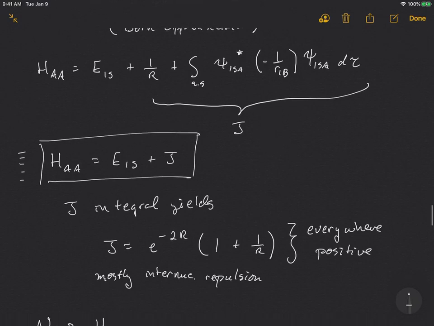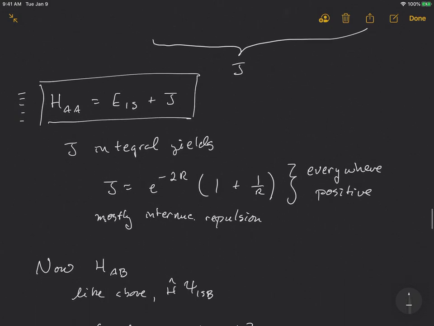And so based on the fact that it's positive everywhere, we can think of J as roughly being mostly due to internuclear repulsion. But there is some effect of the electron being shared between the two nuclei. So there's some screening going on, but mostly here we're seeing internuclear repulsion.